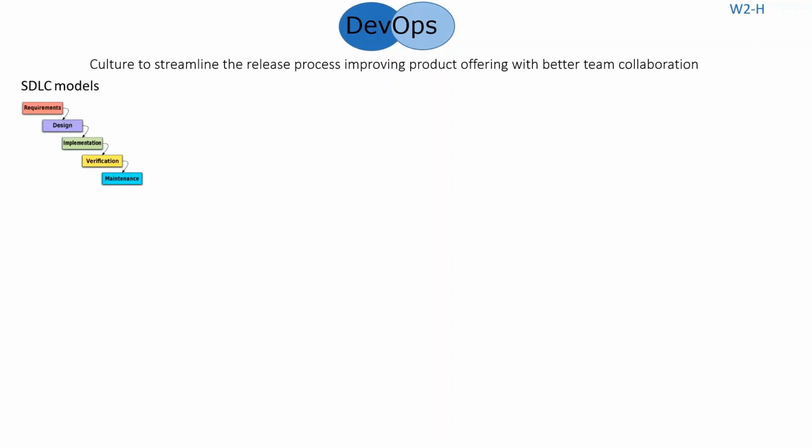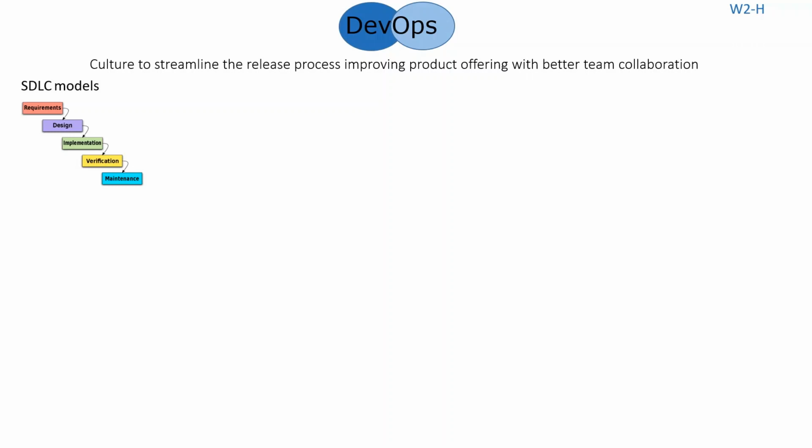Let's go. Yeah, there it comes. This is one of the old SDLC models called the waterfall model, where project activities like requirement, design, implement, verification and maintenance are broken down into linear sequential phases, where each phase depends on the deliverables of the previous one.